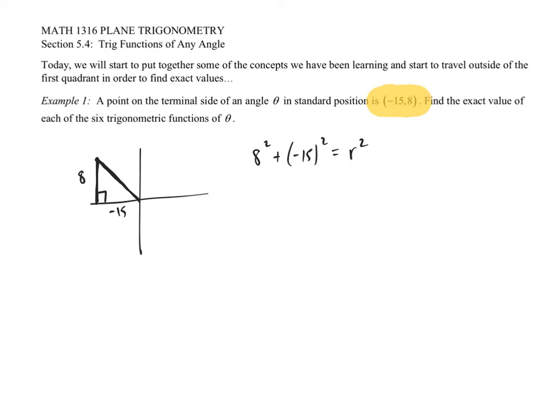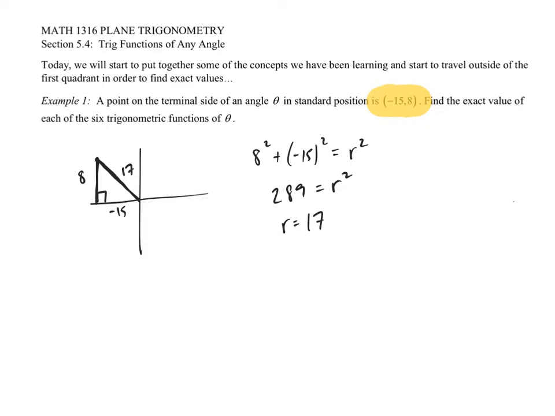Okay, and so if I go ahead and calculate that, 8 squared plus (-15) squared, make sure that you put the negative in parentheses in your calculator when you calculate it, I'm going to get 289, and that's going to equal r squared, and it turns out that that's a perfect square, and so r is going to equal 17.